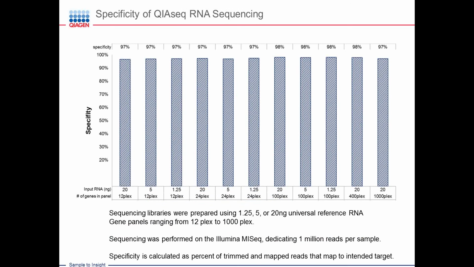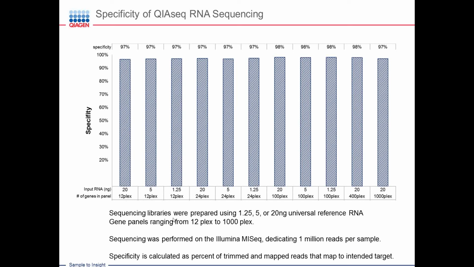This is just an example of the robustness of looking at different plex libraries with different input amounts of RNA. This ranges from 12 plex to 1,000 plex, so 12 genes to 1,000 genes, from a nanogram of input RNA to 20 nanograms, and you can see the specificity of the libraries is all 97, 98%. And each of these libraries was sequenced to a depth of 1 million reads. So it doesn't matter whether it's a relatively small gene panel or a large gene panel, whether you're using a nanogram of RNA or 20 nanograms of RNA.